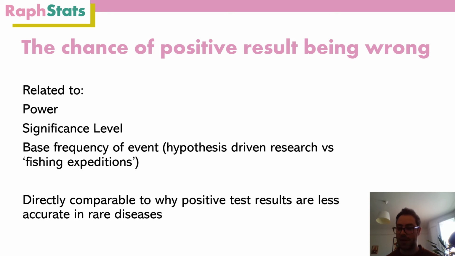And this might seem like something we can't affect, but actually it is something we can affect, because this is why hypothesis-driven research matters. If this drug does this, and there seems to be a plausible reason why it might affect this disease, we'll probably have a higher base rate than if we just go, well, maybe these drugs work, we're going to try 100 drugs and see if they work, a so-called fishing expedition.